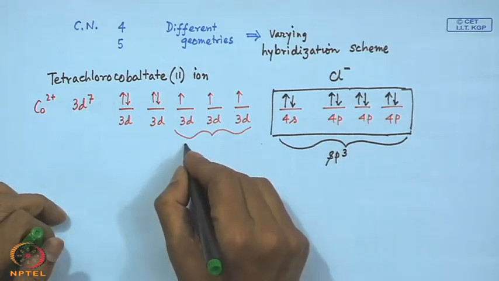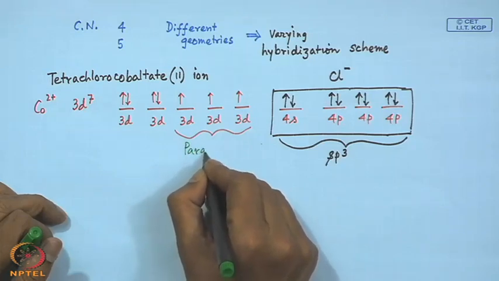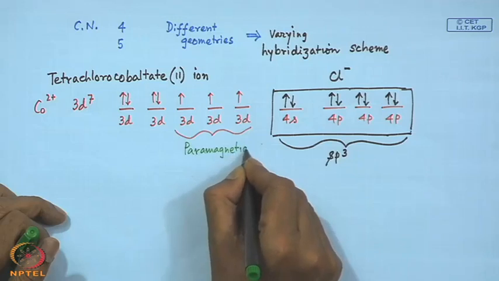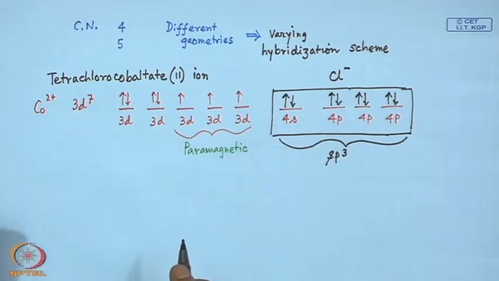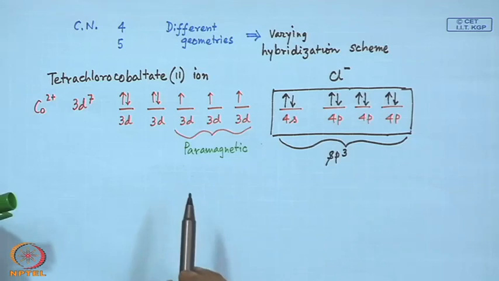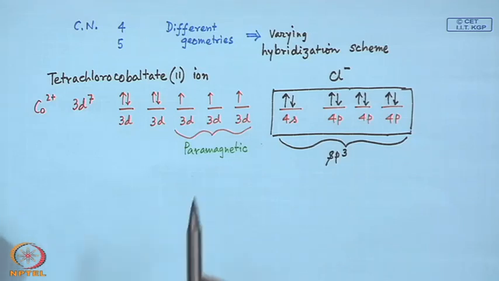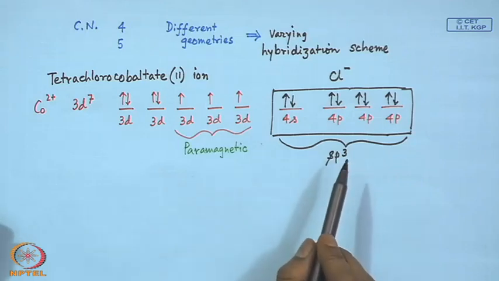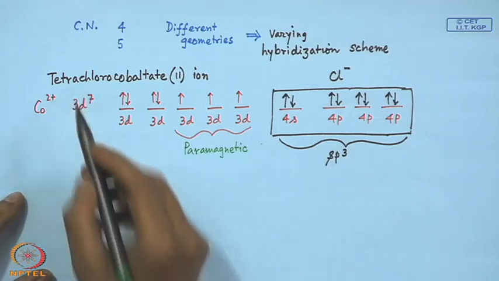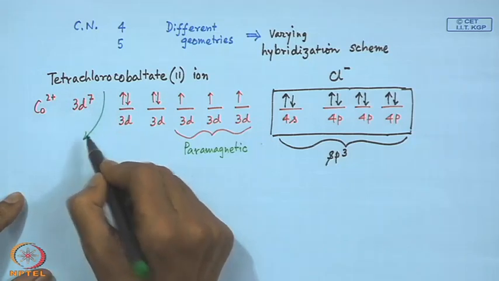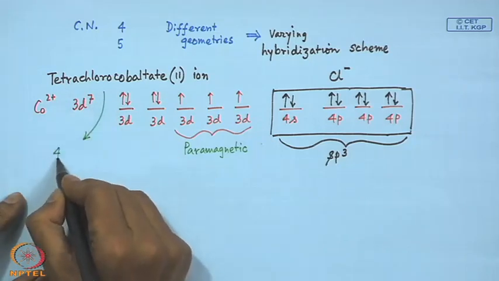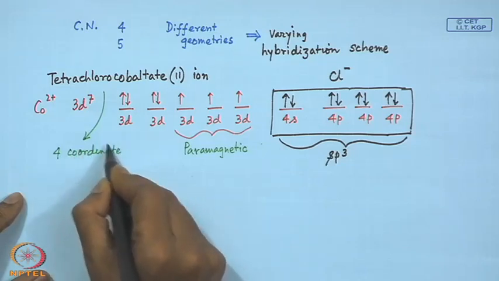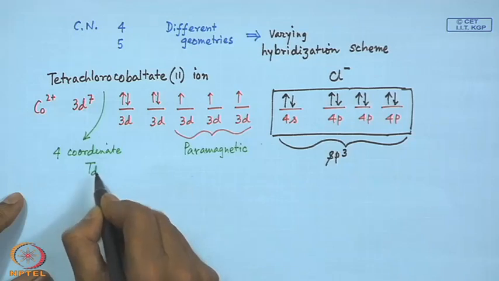That is why we consider the compound as paramagnetic, will be attracted by the magnets also. So, 3 electron paramagnetism can be explained at this particular point when we consider the corresponding hybridization scheme. So, this particular compound will be 4 coordinate and tetrahedral.